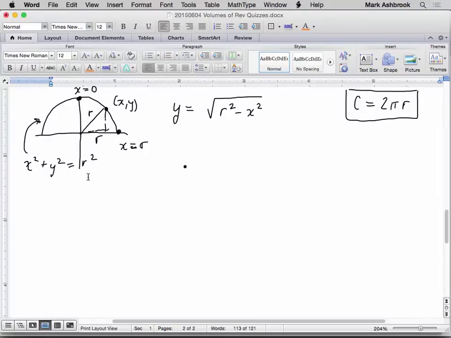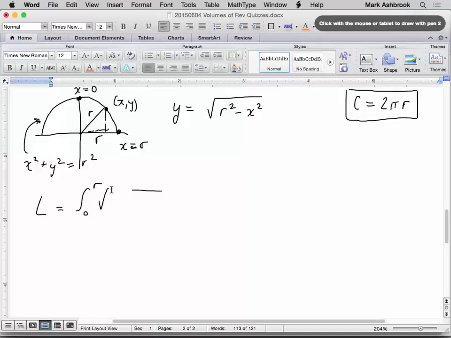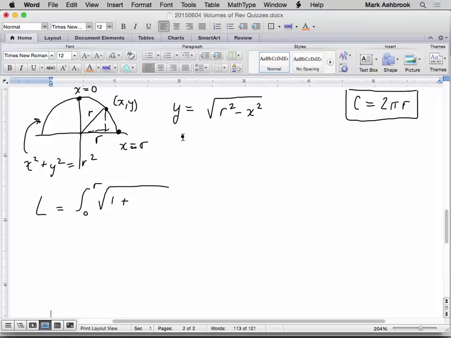Okay, so here we go. We're going to do, again, the integral from 0 to r of the square root of 1 plus, okay, derivative. So we have to do the derivative here. So y prime is 1 over 2, radical in the bottom now.